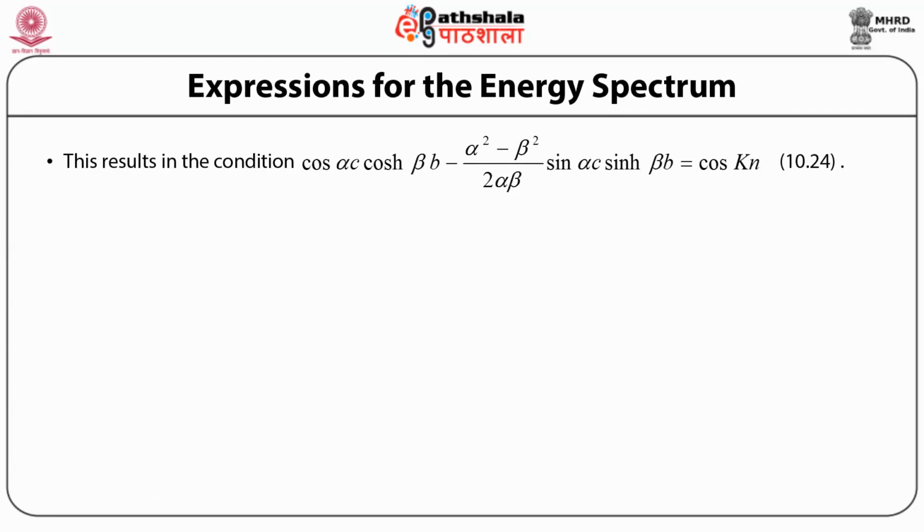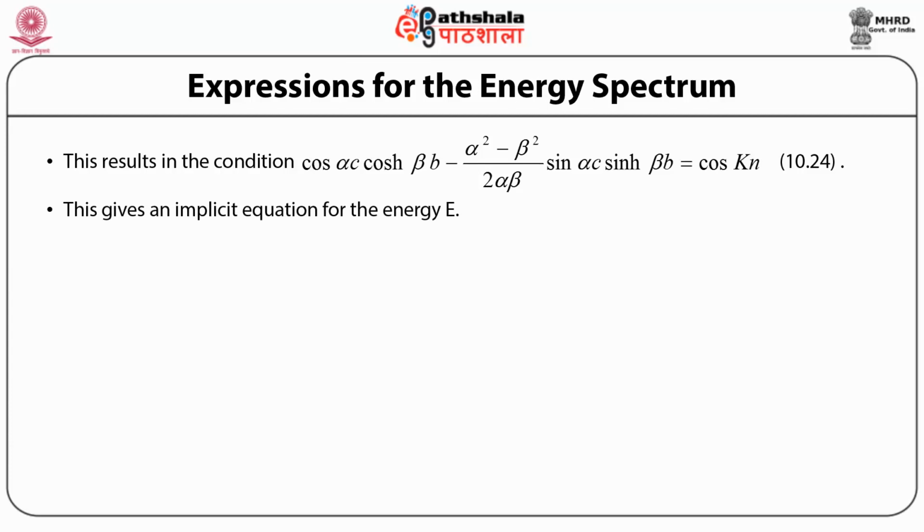This results in the condition cos of alpha c into cos hyperbolic of beta b minus alpha square minus beta square divided by 2 times alpha beta into sin alpha c into sin hyperbolic beta b is equal to cos kn. This gives an implicit equation for the energy E.